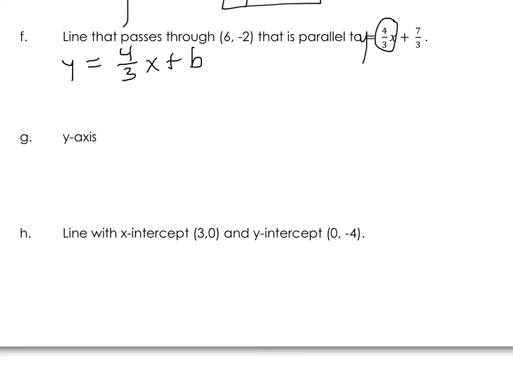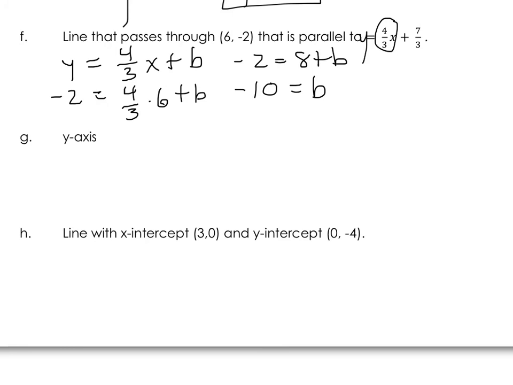What is b? We can use our point, (6, -2). Negative 2 equals 4/3 times 6 plus b. Negative 2 equals 8 plus b. Subtract 8 from both sides, you get negative 10 equals b. So our line is y equals 4/3 x minus 10.